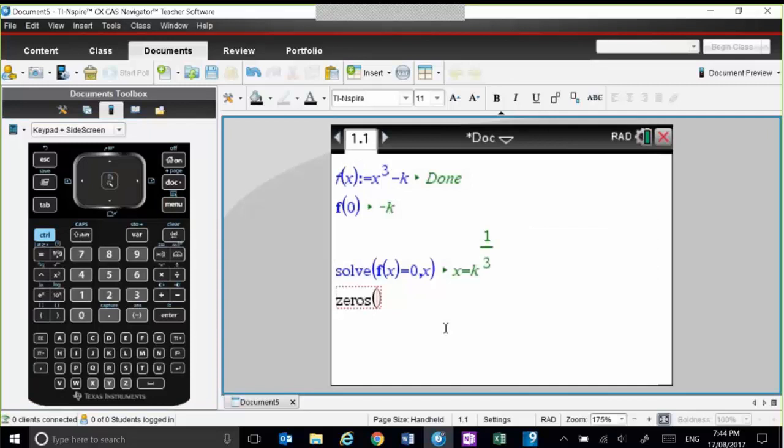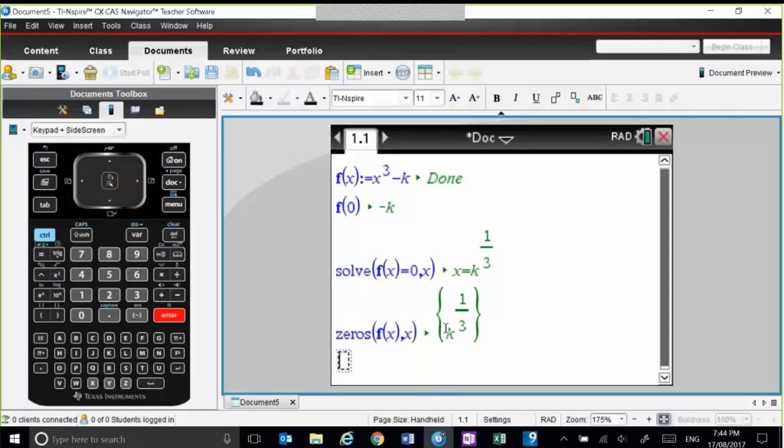Zeros does the same function as solving f of x equals 0, but all we have to do is type in f of x, comma, x. As you can see, it displays the answer as a list instead, but it performs the same function. The difference is, whatever expression we type in, it automatically makes it equal to 0.